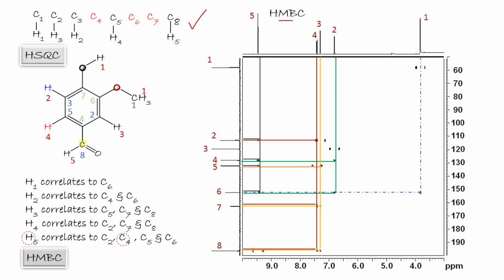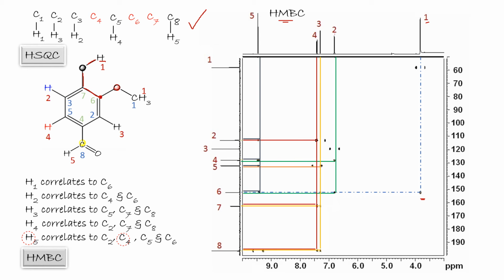What about HMBC? That's long range coupling, so that's J3 and J2. H1 is connected to C6, that's H1 connected via J3, 1, 2, 3, to C6.